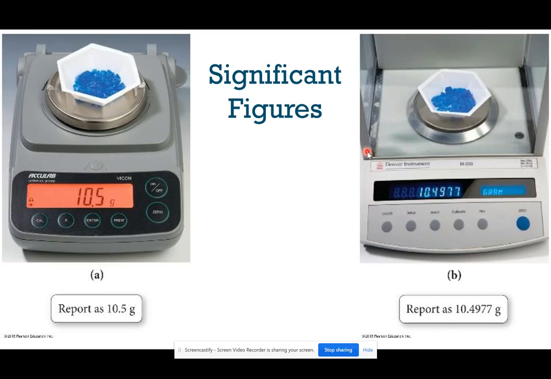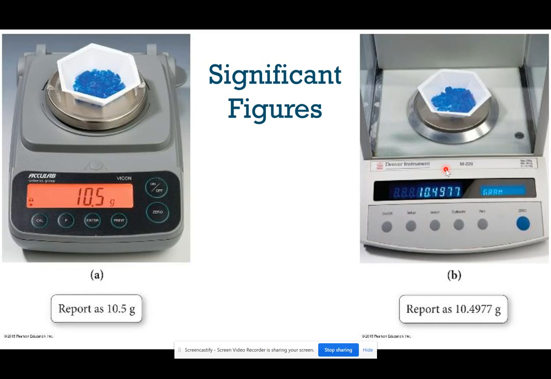Here we see another scale measuring the exact same blue blob. I just picked it up off of one scale and put it onto the other scale. What I see with this scale is it gives me a lot more digits. It's 10.4977. How many significant digits does this scale give me? 1, 2, 3, 4, 5, 6 significant digits.